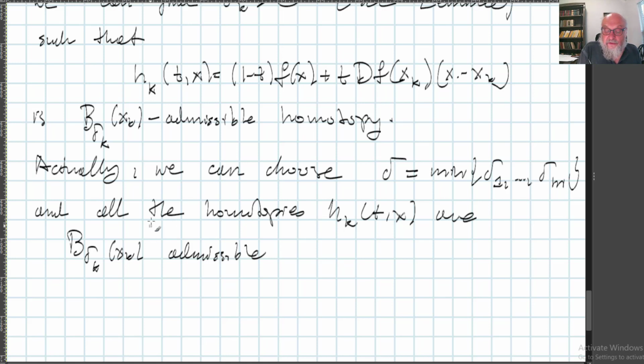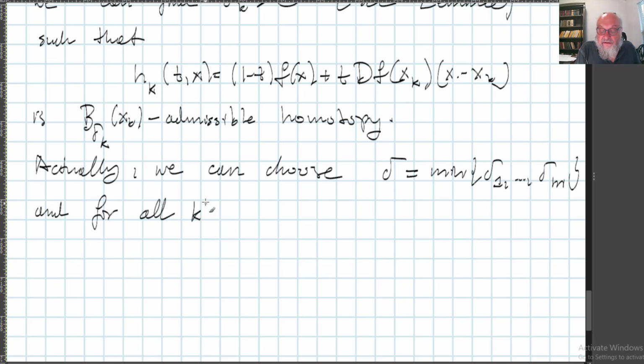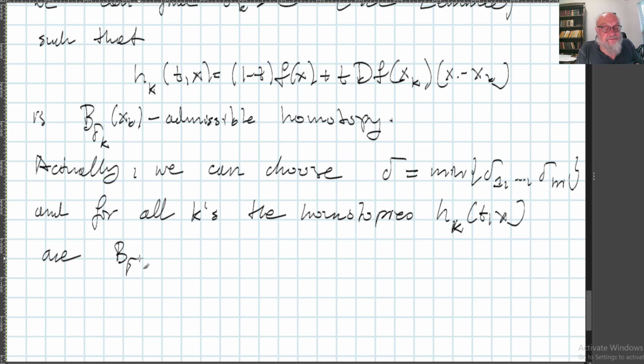I should not write it like that because it's not correct. We should be very careful. For all k, the homotopies h_k(t, x) on B delta of xk are admissible. Okay, so that's our preparation.